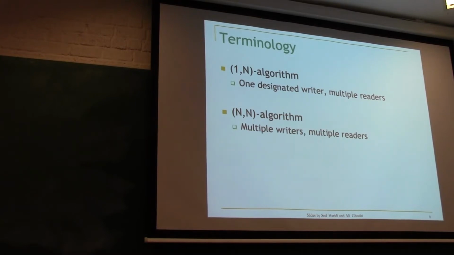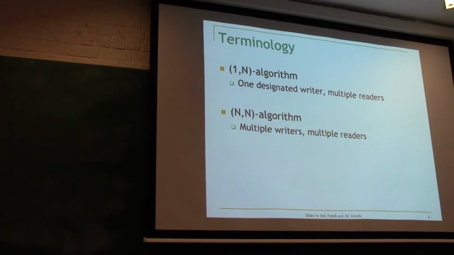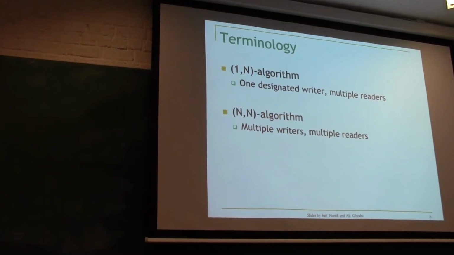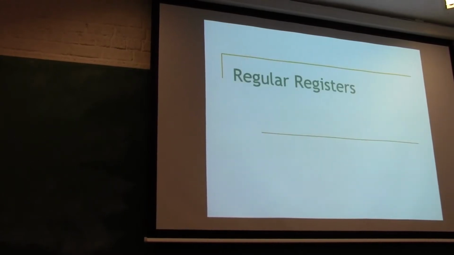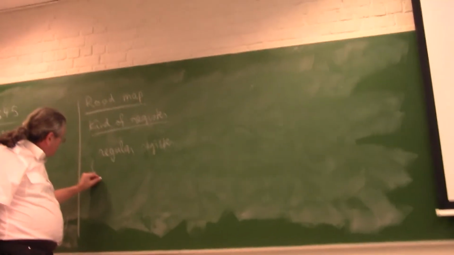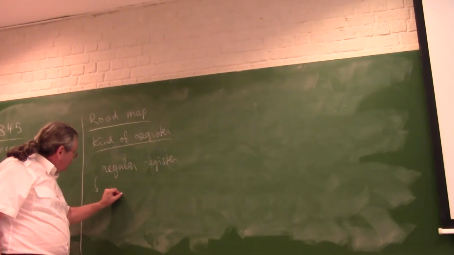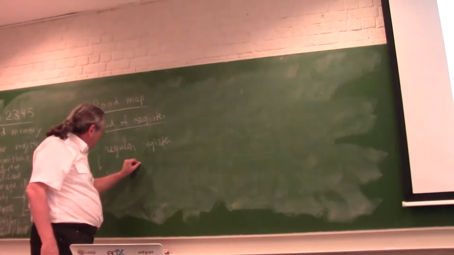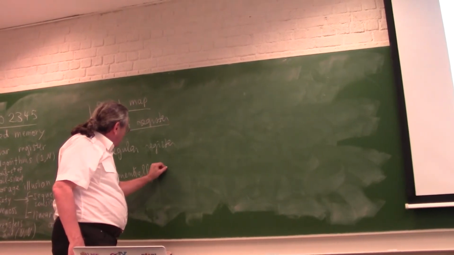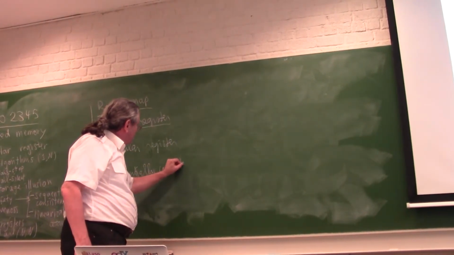So that, first of all, the kind of register, this is how strong the consistency is. So we're going to start with a very simple one called a regular register. And then we're going to go to more complicated ones, which is called sequentially consistent register or linearizable register.